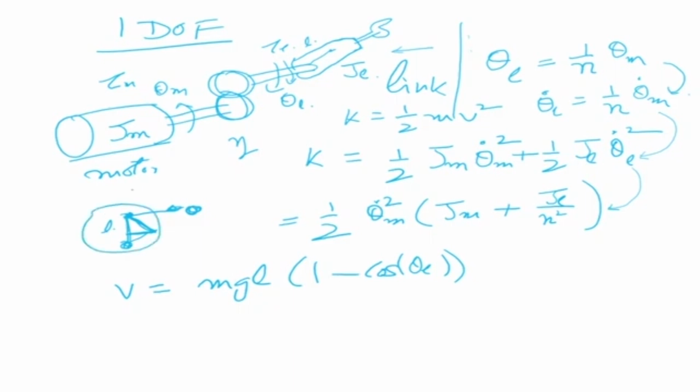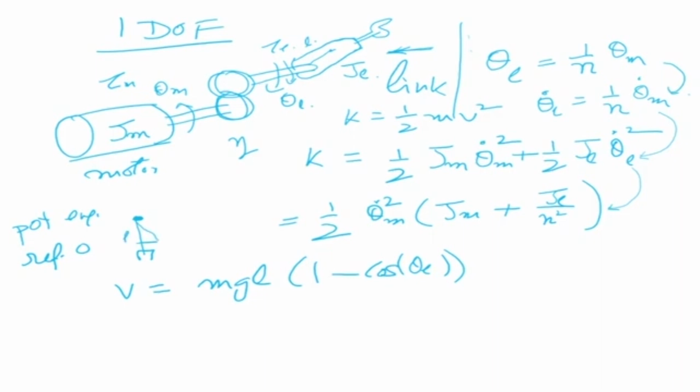Okay, so if you look at this, let me draw it again. What I'm saying is, when you're looking from this side, what would this link look like? This link is like this. So when it is pointing downward, and I say this is my reference 0 for potential energy, so the potential energy reference is 0 here. Then when it is going up like this, this is my L. So how much has it gone up?